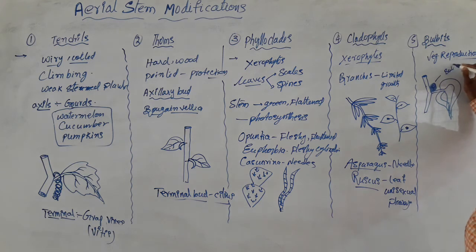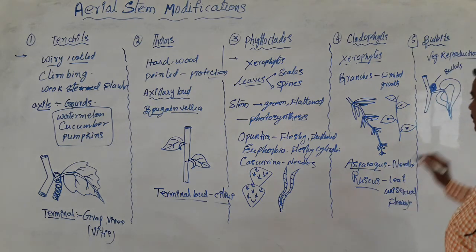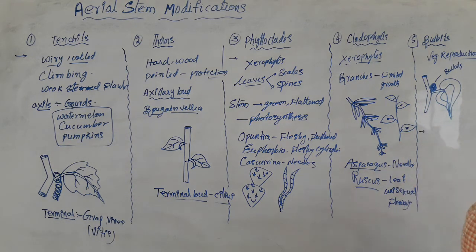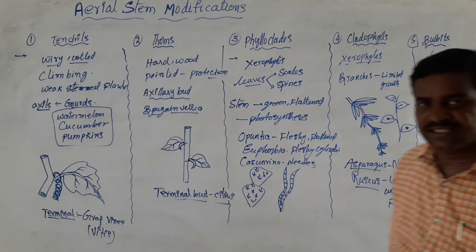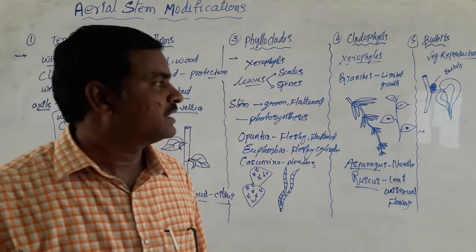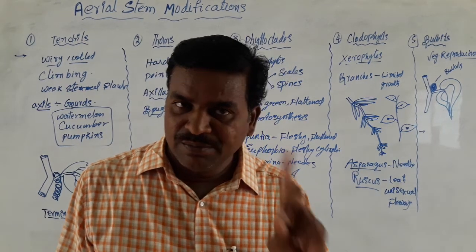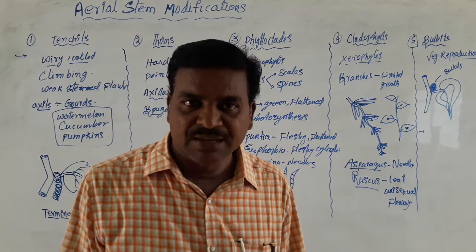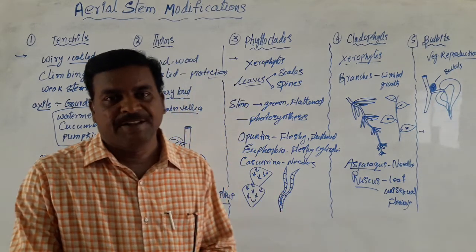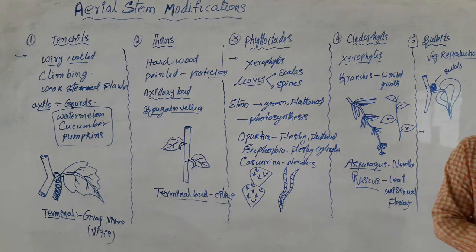This round-shaped structure is called a bulbil. When these bulbils are detached from the mother plant, from the axils of the leaves, they germinate into new plants by producing roots and leaves. Thus, these bulbils help in vegetative propagation.